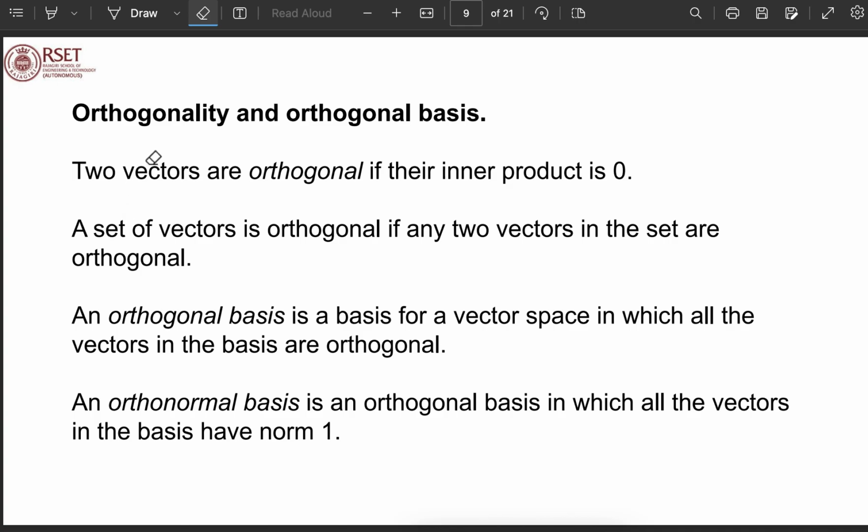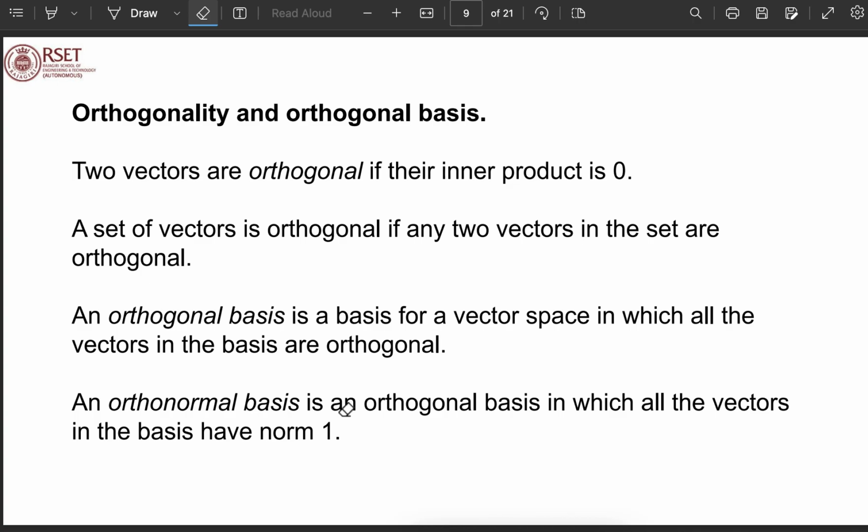Now instead of two vectors, here we are taking a collection of vectors. A set of vectors is orthogonal if any two vectors in the set are orthogonal. That is, if we consider any two vectors in that collection, they will be orthogonal to each other. An orthogonal basis is a basis for a vector space in which all the vectors in the basis are orthogonal.